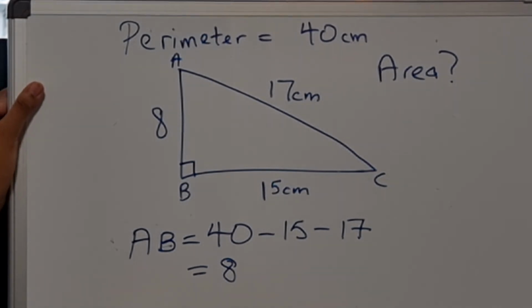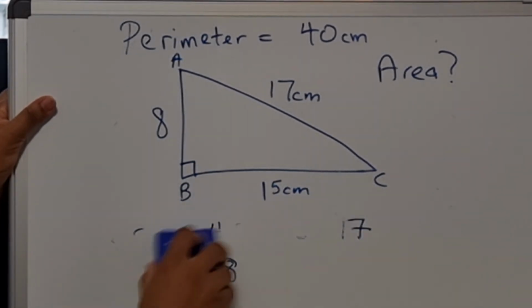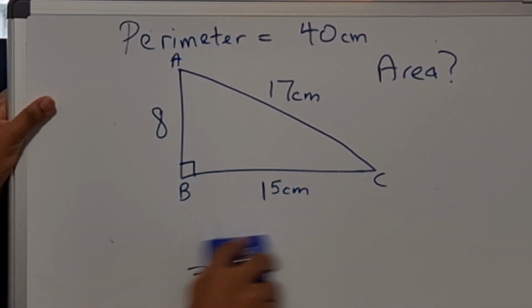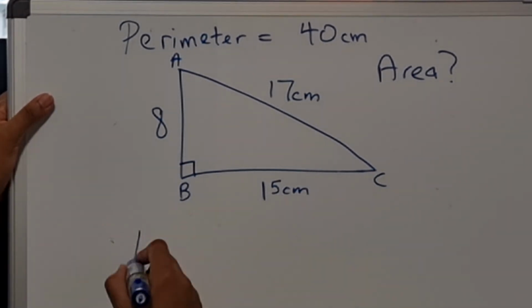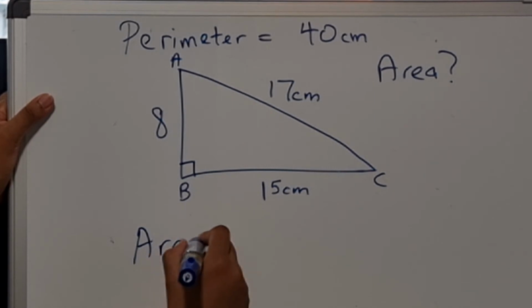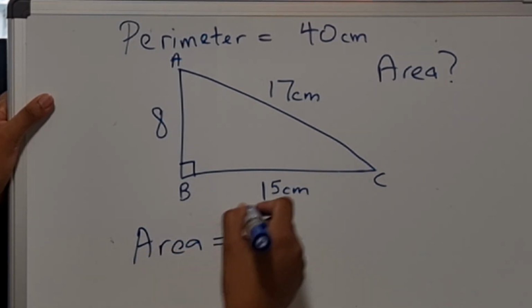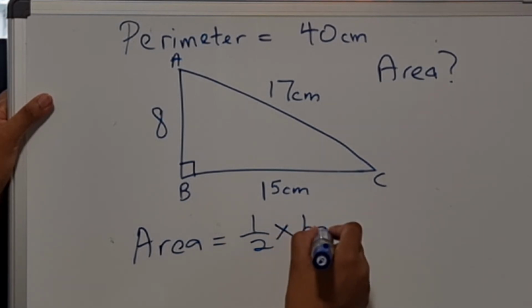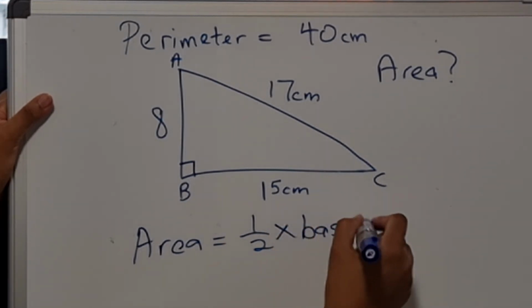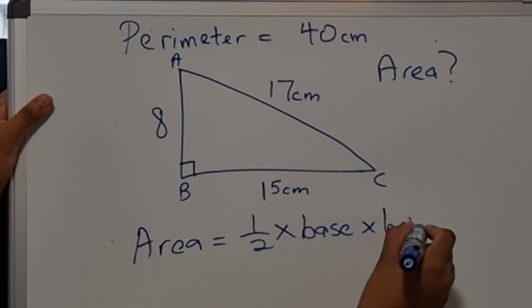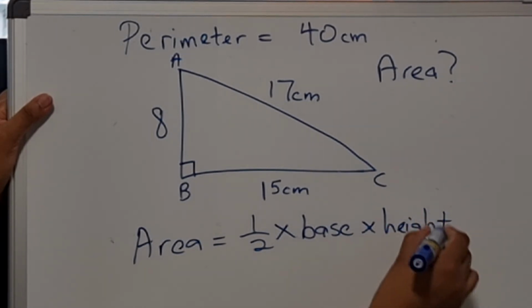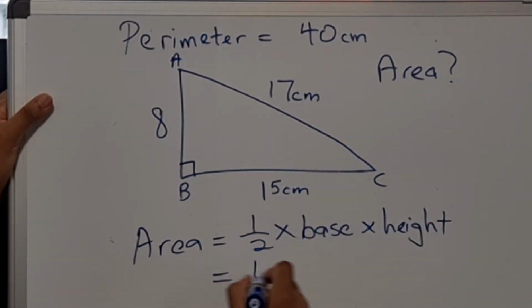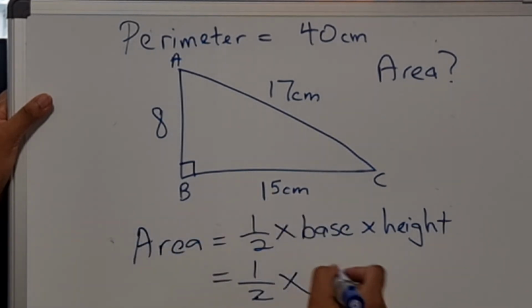How to find area? So formula for area is area half times base times height. Half, base is 15.